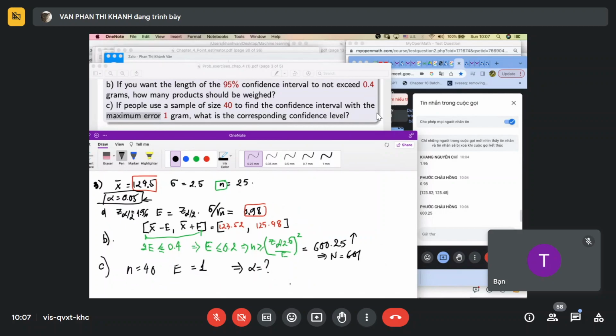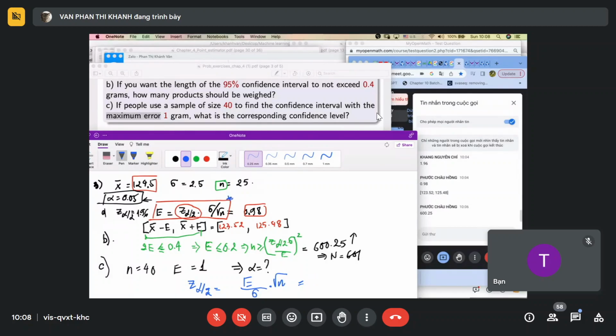Understand? So to find alpha, what do you have? You have this relation, right? So to find alpha, you have to find z alpha over 2. So what is z alpha over 2 here, class? Z alpha over 2 will be E over sigma times square root of n, right? Class, see it?